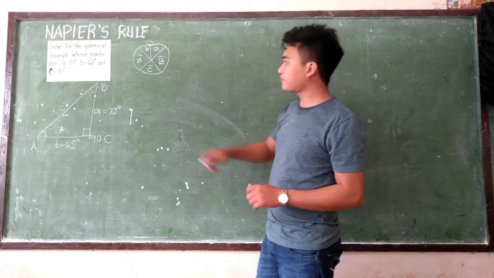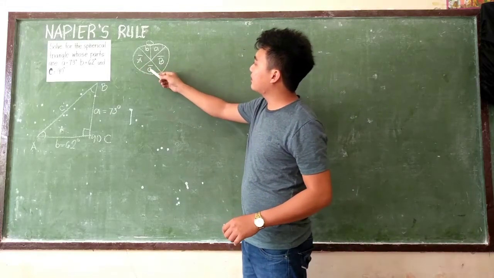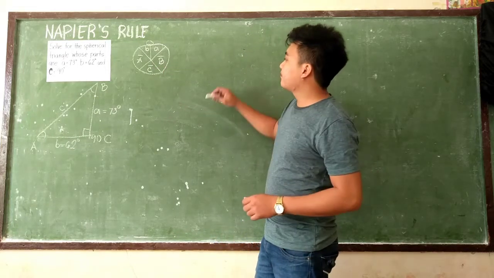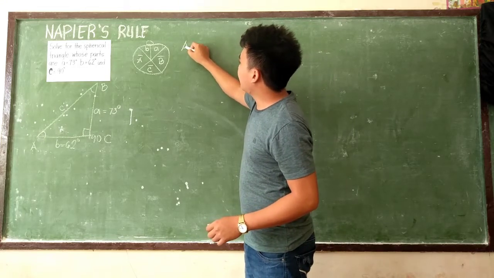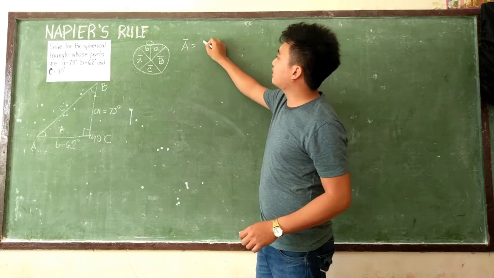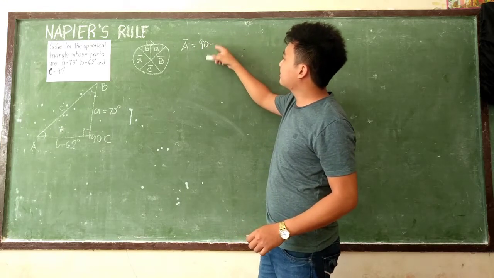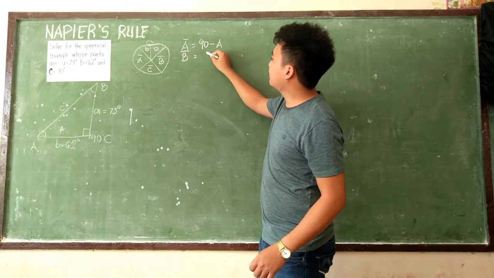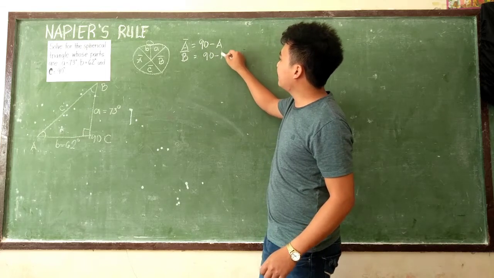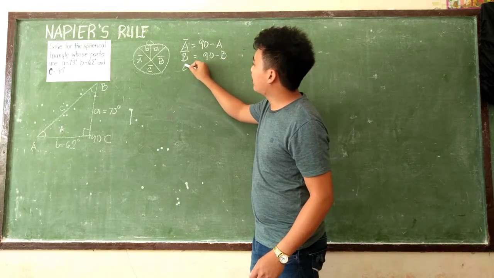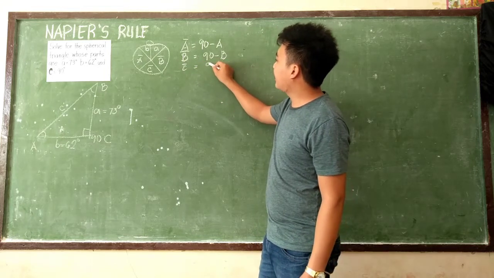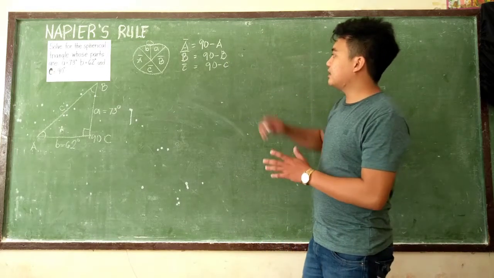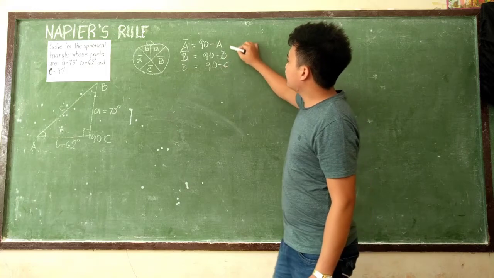So by the way, A bar, C bar, and B bar are the complements. So for example, this is A bar. So A bar is equal to 90 minus A. Then B bar is equal to 90 minus B. Then C bar is equal to 90 minus C. So, plus, this is our answers.